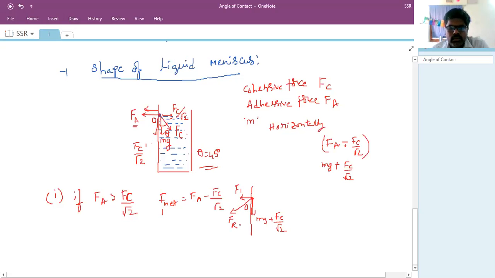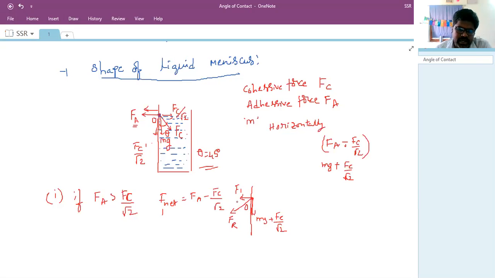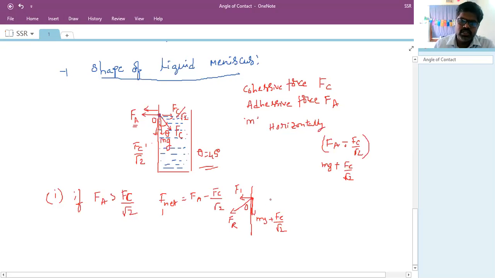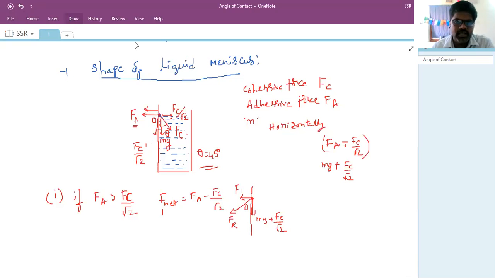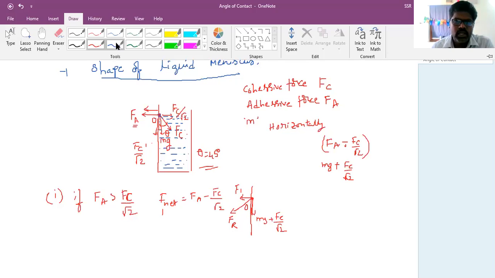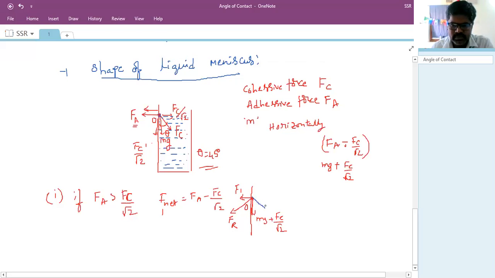If it is the resultant force acting on the molecule, then how will the molecules behave? The surface tension will behave like a tangent to the resultant force. That means if you draw the tangent from point O, it is perpendicular to the resultant force.